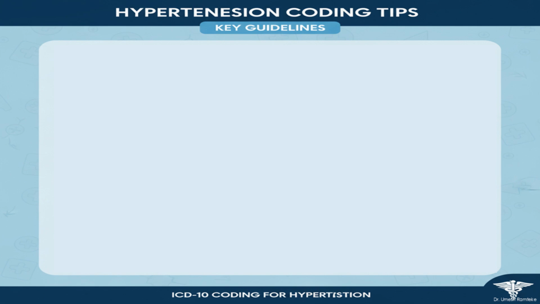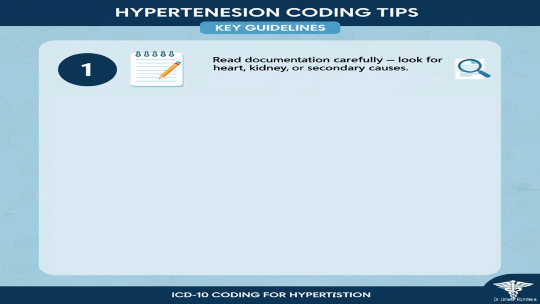Here are 5 essential ICD-10 guidelines you must follow when coding hypertension and its complications. Tip 1. Review documentation carefully. Always read the documentation thoroughly, looking for any evidence of heart or kidney involvement or an underlying secondary cause of the hypertension.